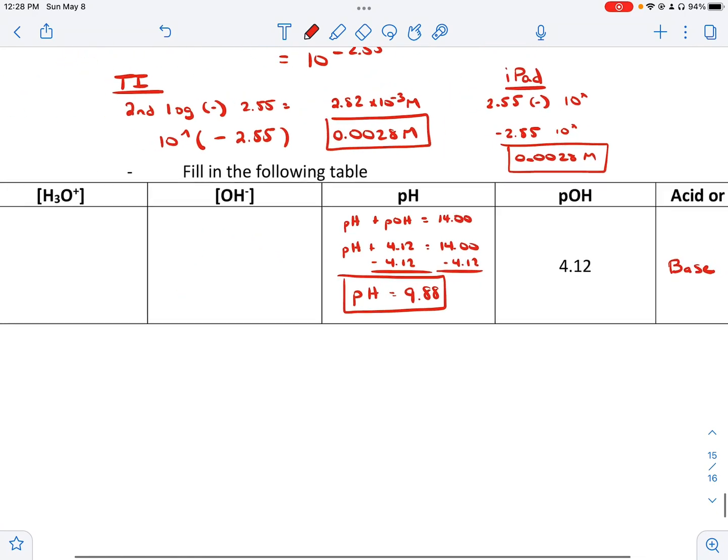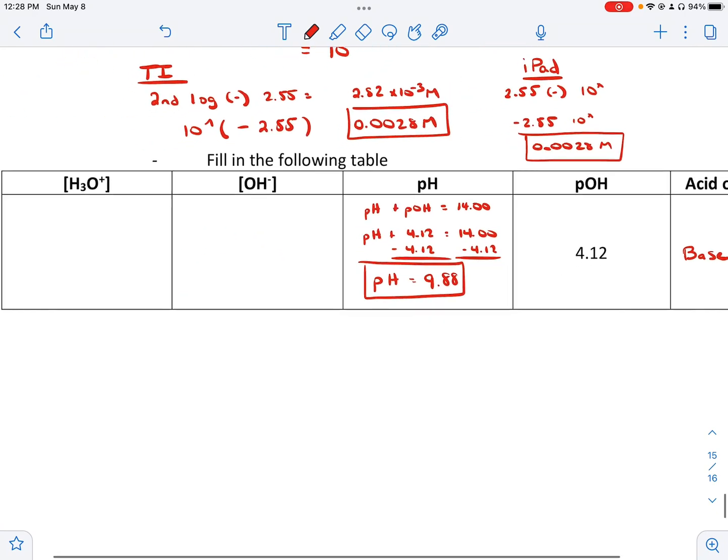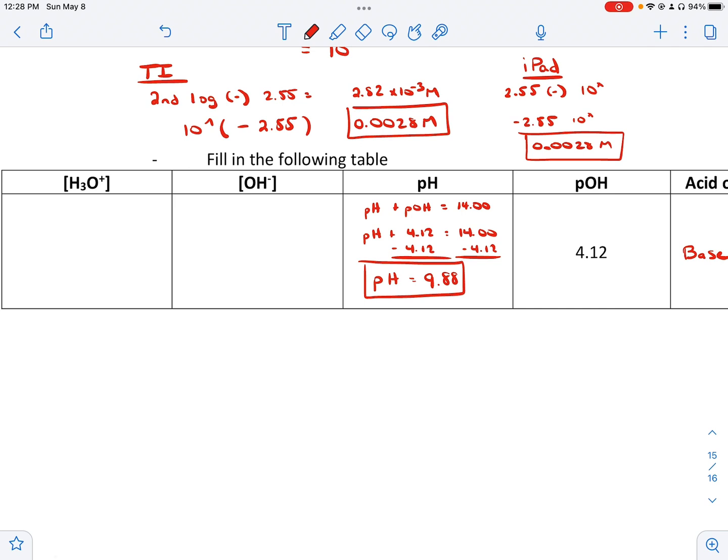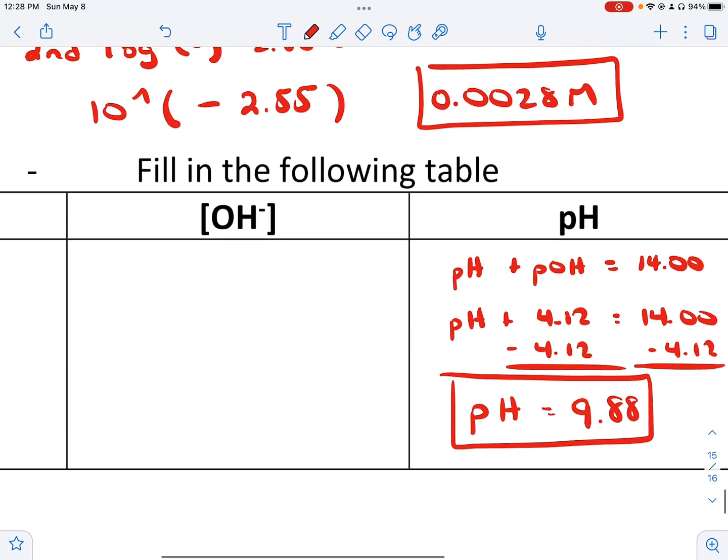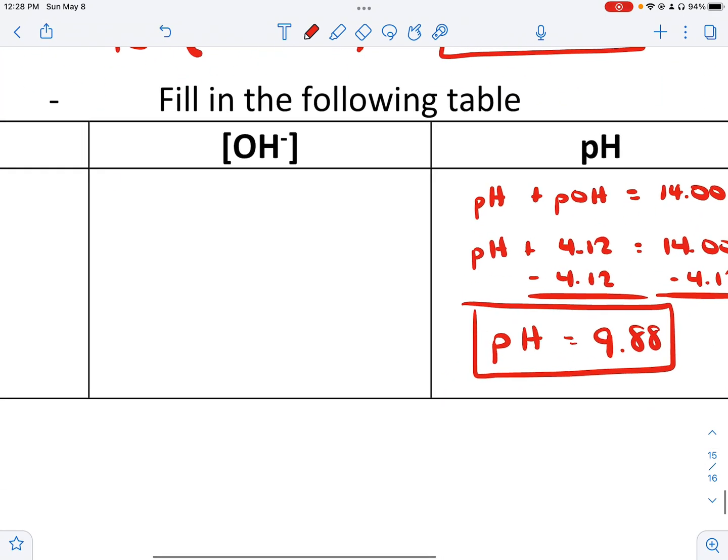Now, how do we get back to our hydroxide and our hydronium ion concentration? Very simply, we use the formulas that we just learned. Our hydroxide ion concentration is equal to 10 to the negative pOH, and we know our pOH was 4.12.